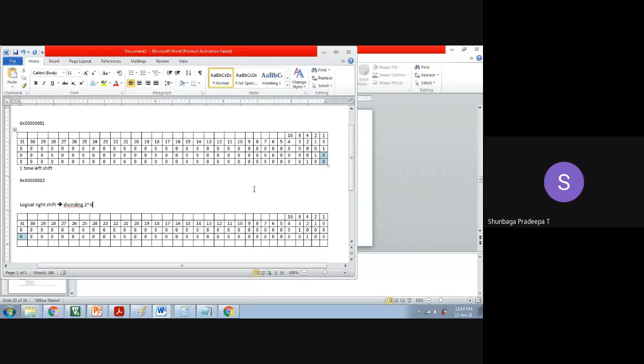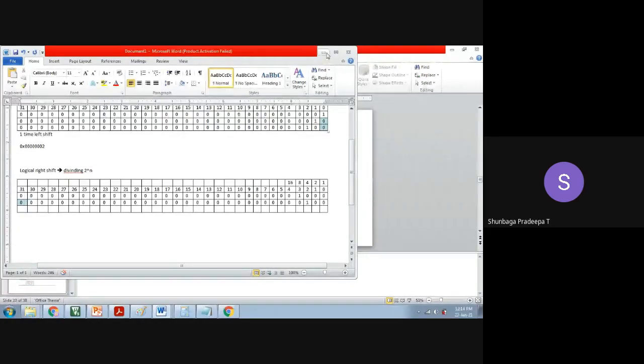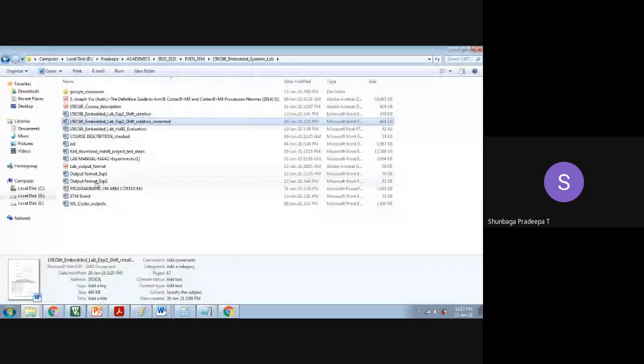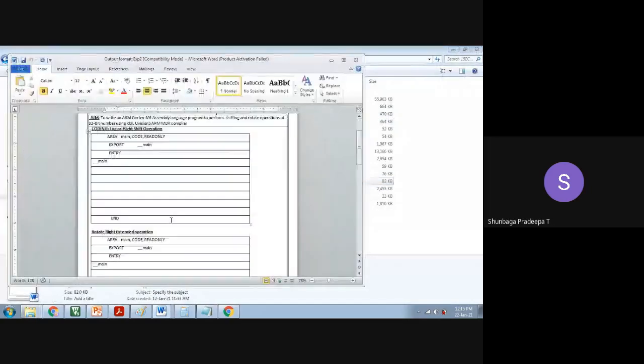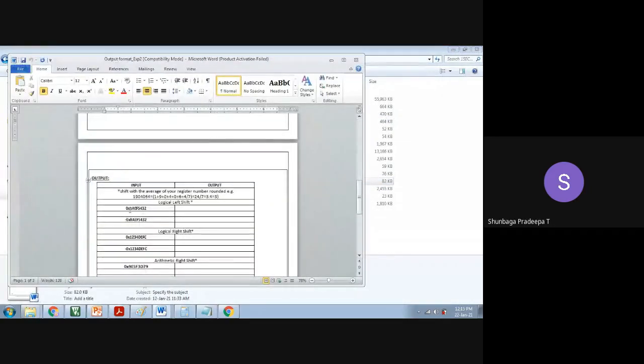Yes, ma'am. Any binary number you can take. So for example, in your lab manual, I think we have given different values. For example, we have given the value as hexadecimal 8AEF5432. If this is the number, then first you have to represent this number in binary form in 32 bits.